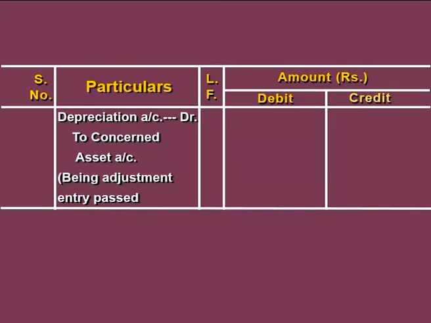Now, let us also understand the effect of this adjustment technically. For the same, let us first look into the journal entry required to give due effect to this adjustment of provision for depreciation. The entry will be depreciation account debit to concerned asset account.